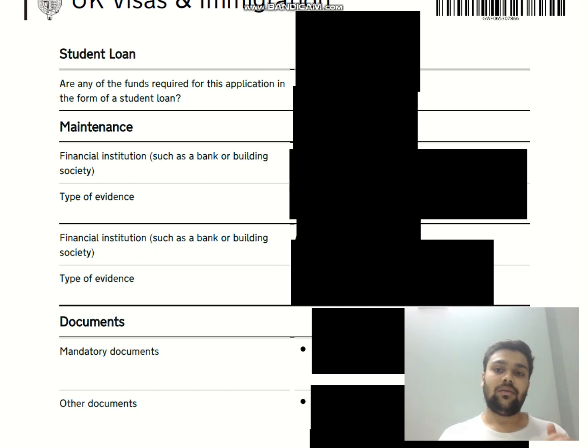Then the main part comes in which the maintenance comes. You have to write the bank account in which all your funds are maintained. Then you have to write what type of evidence you can provide. So the first type of evidence is your bank statement. The second type of evidence is your bank certificate in which the bank states that you have this much amount of funds for the past 28 days in both INR and sterling pounds.